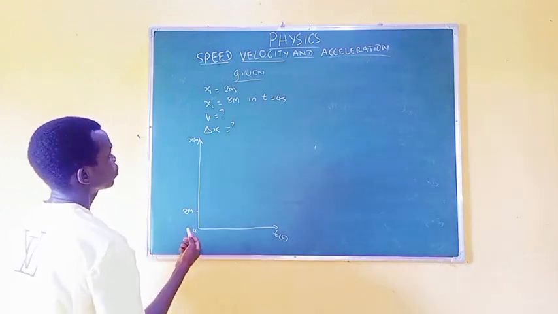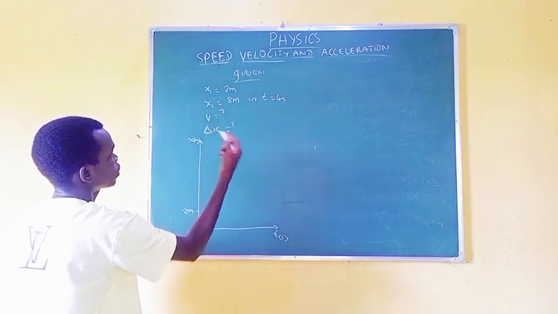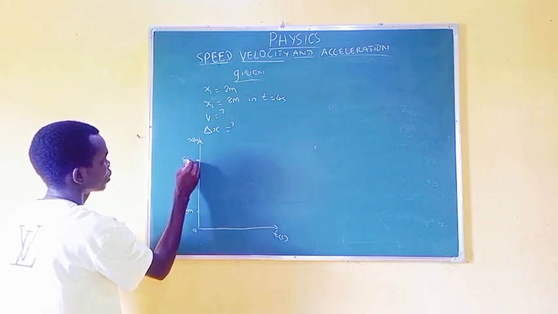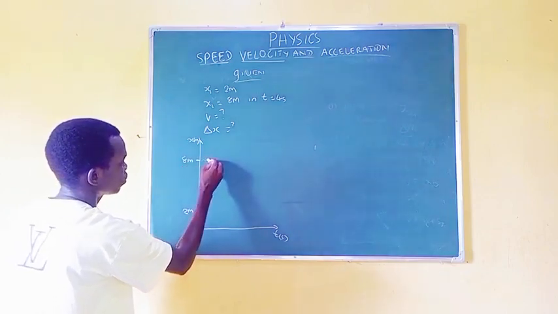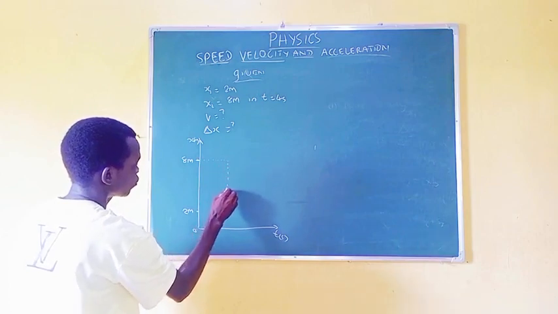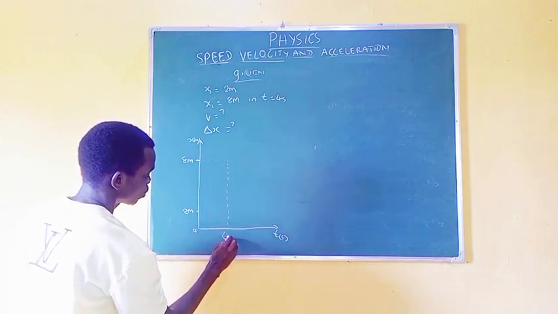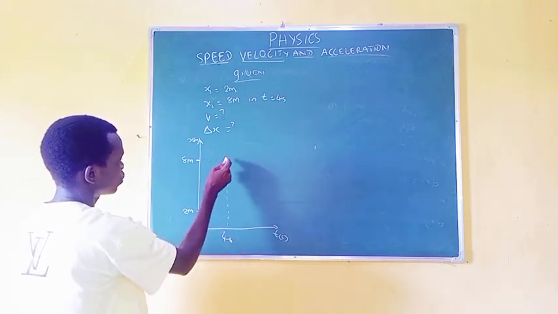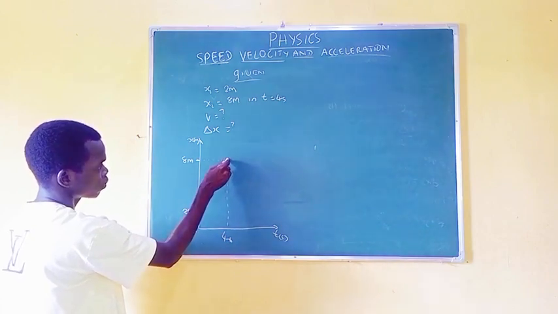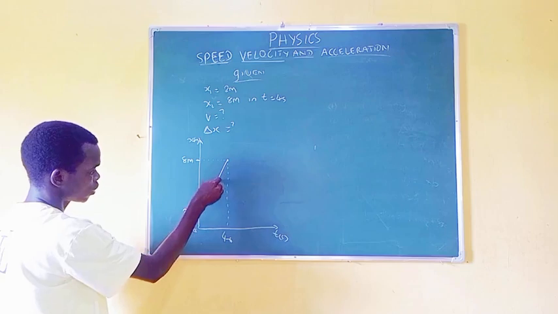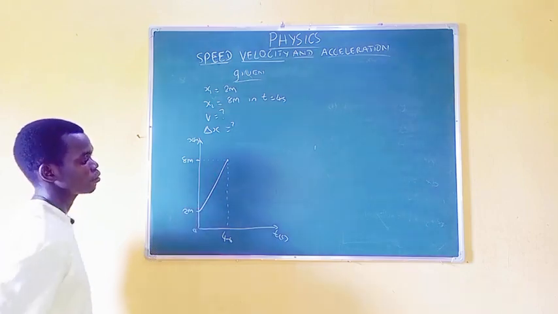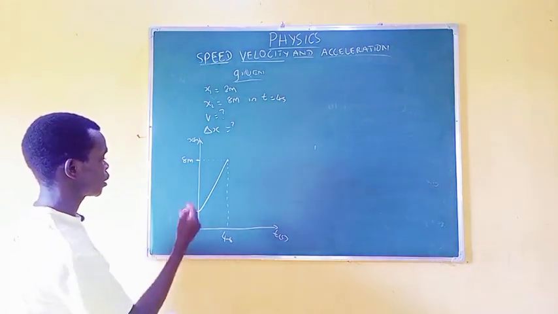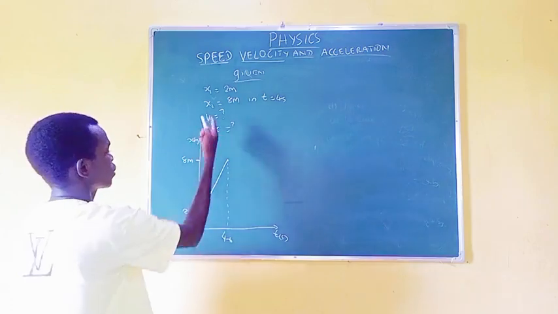Then the final displacement S2 is 8 meters. Let's take here to be 8 meters, in 4 seconds. Let's assume here to be 4 seconds. So when you draw the line from the final point to the initial point, we have our displacement time graph.